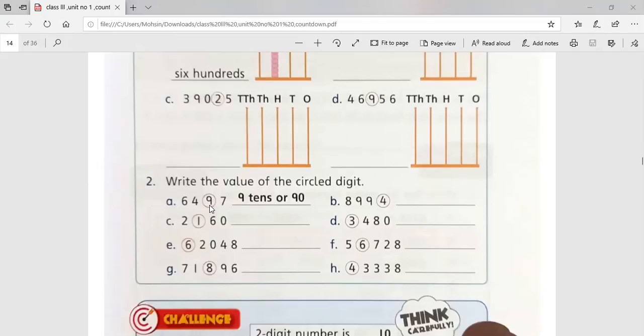Now come to the board. I am going to do B part for you.